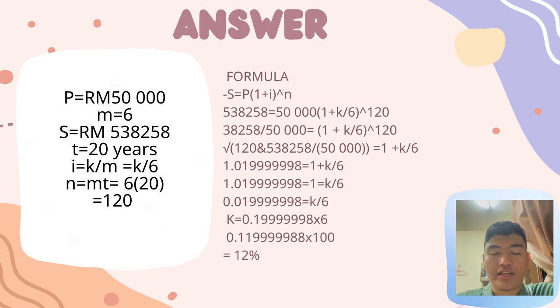Now the next step is we convert it again. This time, the number 6, we multiply with 0.019999998 and we get 0.119999988. Now, the question requires percentage.